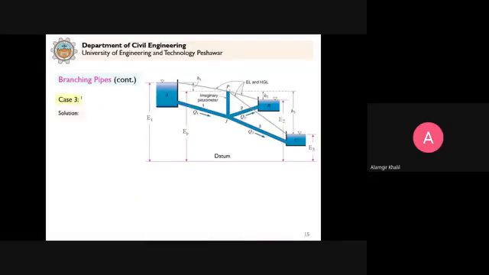Now for the case 3 situation, how do we proceed to solve this problem? The first trial will be that we assume EP equal to E2. So when EP is equal to E2, it means there is no flow to reservoir B. Q2 will be 0 and H2 will be 0.